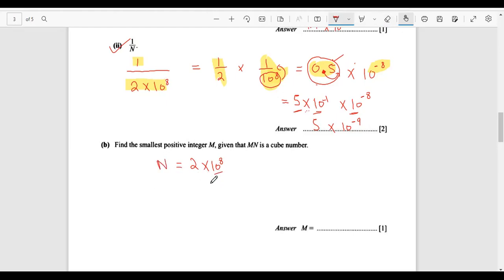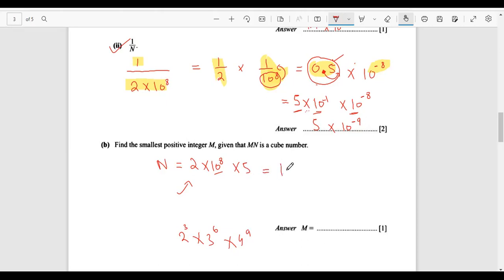We are looking for a number such that when we multiply that number with this n, it becomes a cube number. A cube number is basically a number whose prime factorization has numbers of this type and the powers are multiples of 3. So it could be 3, it could be 6, it could be 9, stuff like that. What if I multiply this number with 5?